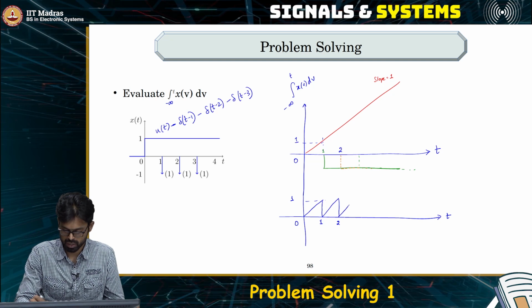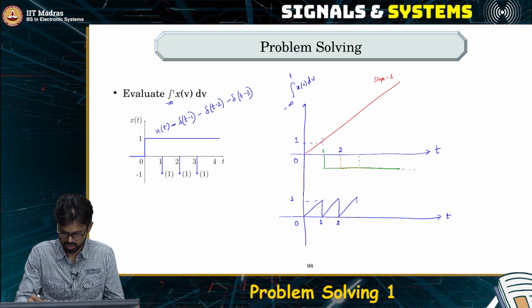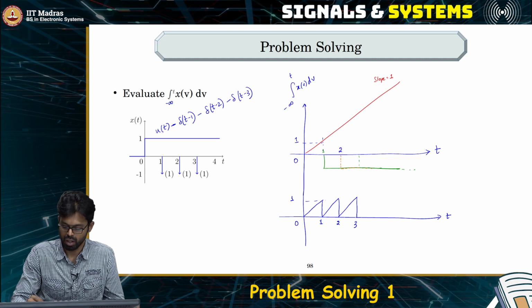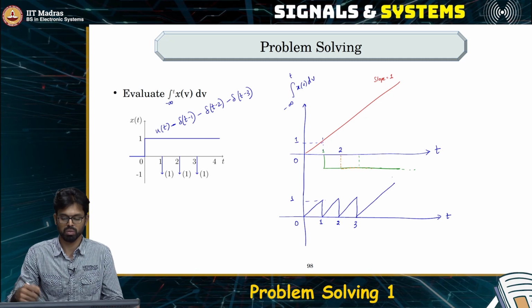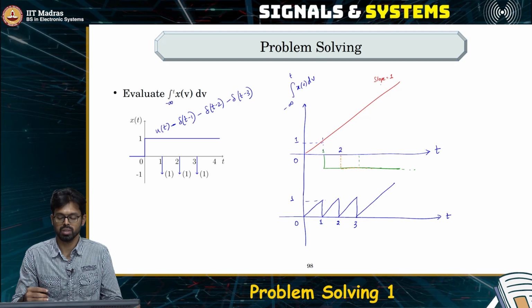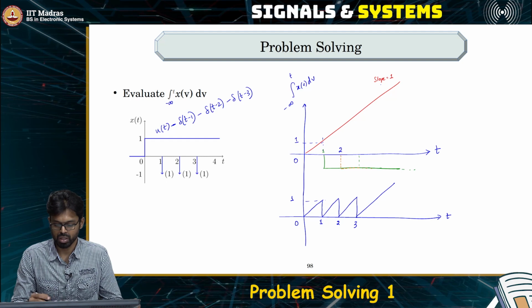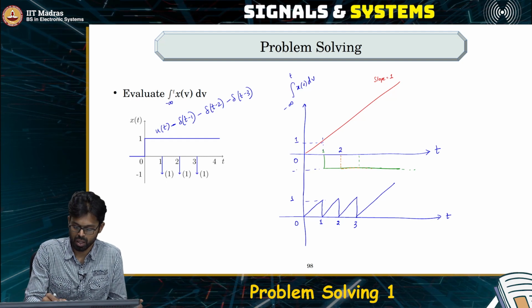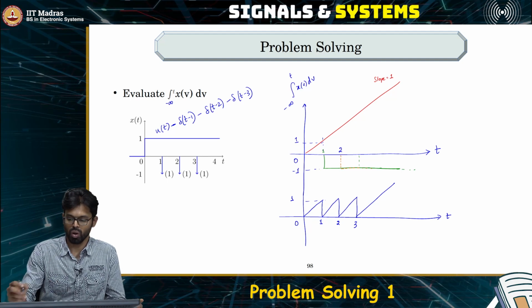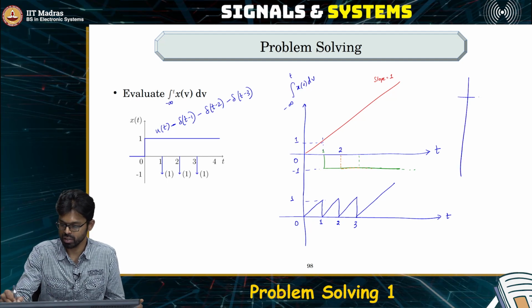Then once again it keeps increasing, it becomes 0 at 3, and then at this point it starts growing once again. So basically what are you doing? You are adding this ramp with 3 different unit step functions which have an amplitude of minus 1, but at different time locations. All you are doing is adding 3 different signals.